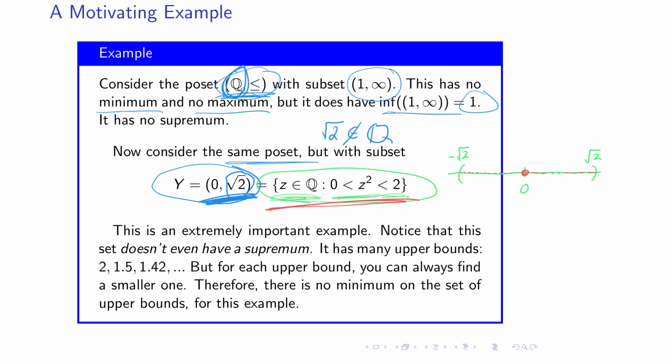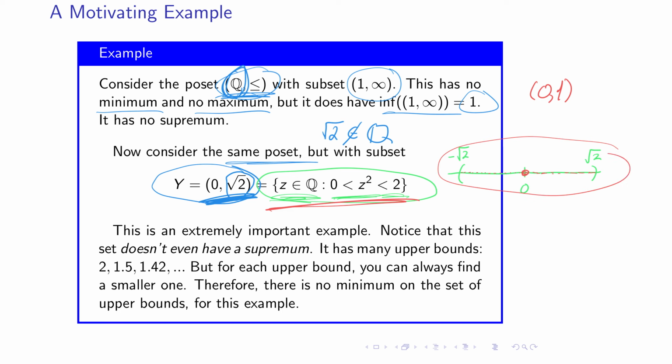And that's a big deal because the whole idea of a supremum was to say, sometimes we can't have a maximum, but still there's intuitively a best upper bound. So let's expand our notion of an upper bound so that we capture what is clearly still this best upper bound. In the example of, say, 0 to 1, the number 1 would be not a maximum, but it is still a supremum because it's clearly the best upper bound.